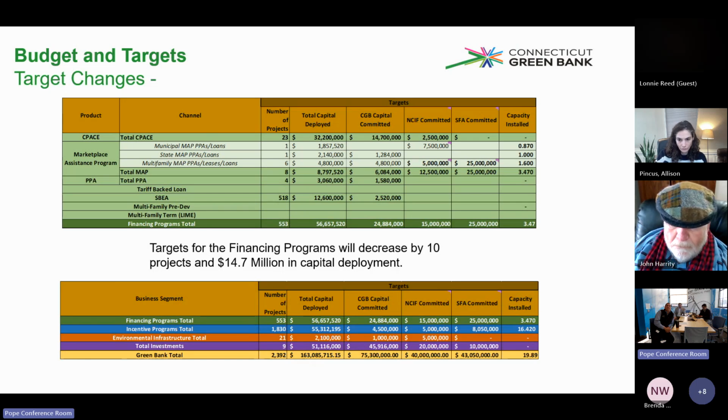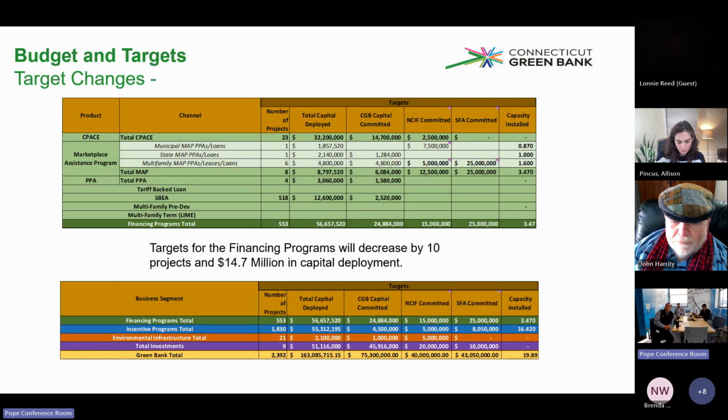Those developers have advised us that their pipelines are a little bit slower than what they had expected. They aren't expecting to draw on the funds. They're expecting less to be delivered this year in terms of projects. So that's the big driver here.